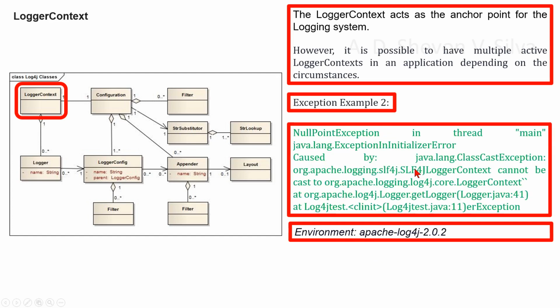As another exception example, we can consider one that occurred in an environment with Apache Log4j 2.0.2: the NullPointerException in thread main java.lang.ExceptionInInitializerError caused by java.lang.ClassCastException: org.apache.logging.slf4j.SLF4JLoggerContext cannot be cast to org.apache.logging.log4j.core.LoggerContext, etc.